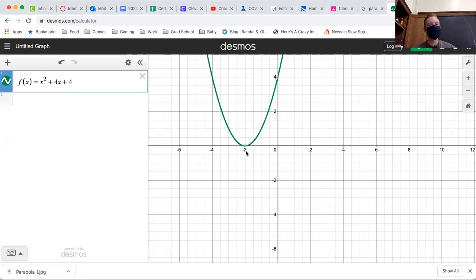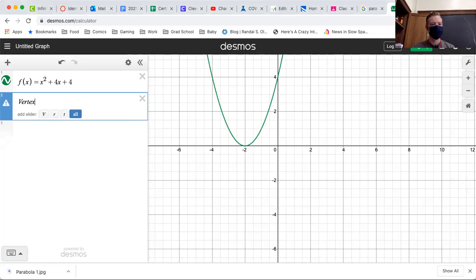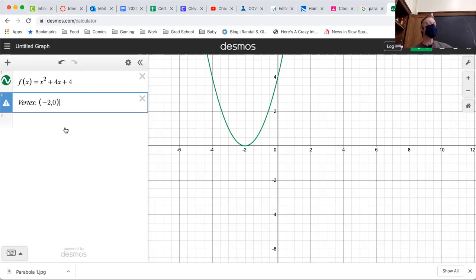So if we're looking here, our vertex is going to be this point down here at the bottom, (-2, 0). Now, is this vertex a minimum or is this a maximum here for this problem? What do you all think? Is the vertex the lowest point on the graph or the highest point on the graph? It's the lowest. So our vertex here is a minimum.